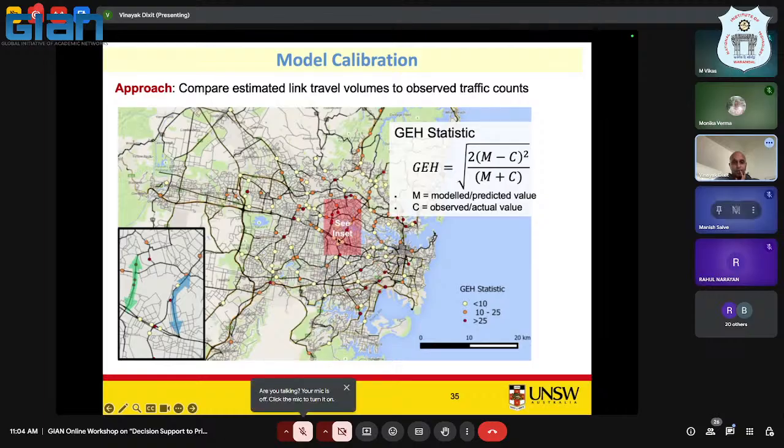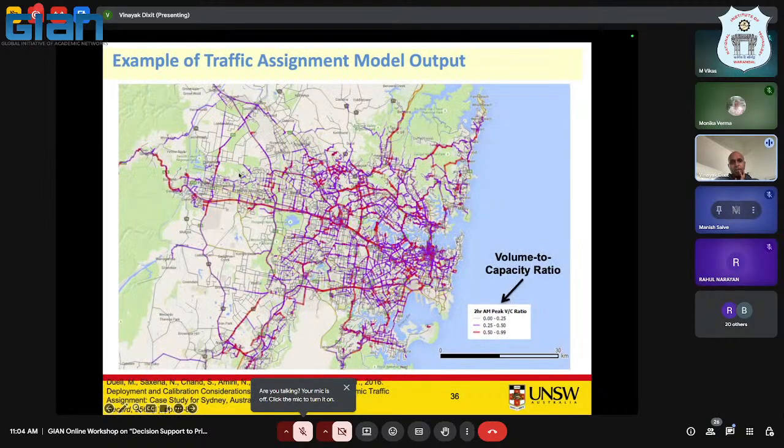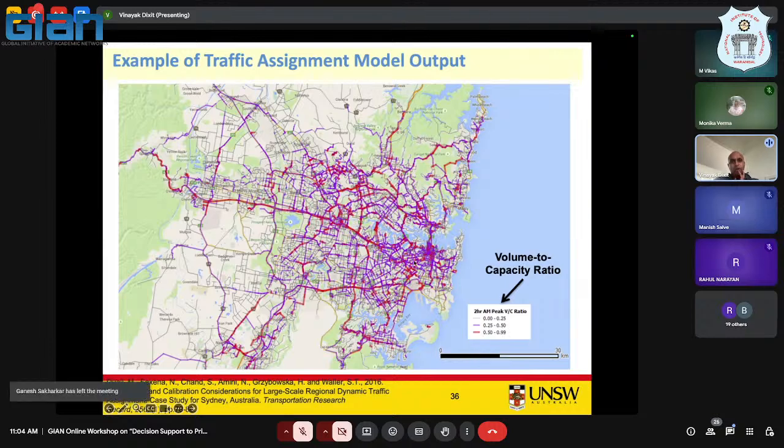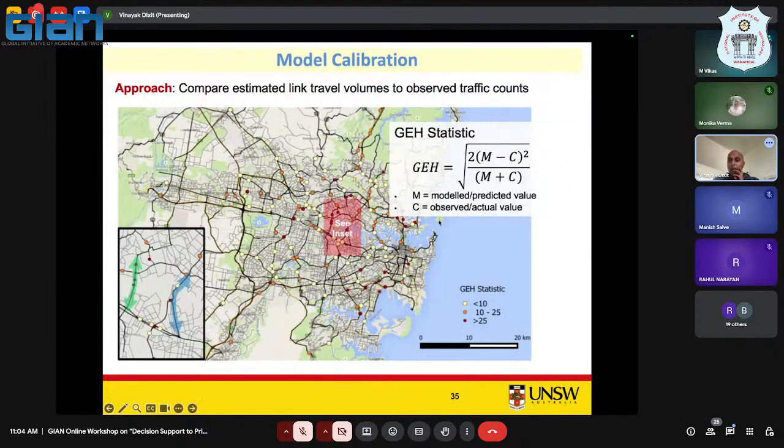Now in this area, this is the CBD area. This is giving you the volume to capacity ratios for the 2-hour period. We end up doing an entire traffic simulation model here around the meso model. The GEH statistic is for the calibration, to make sure that what the model is producing is the same as what we are observing in the real world.